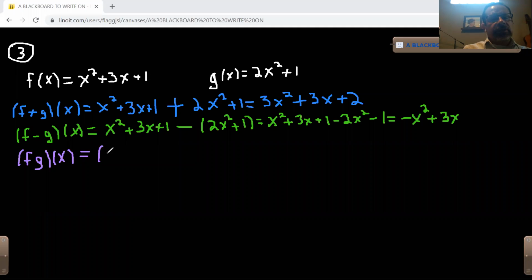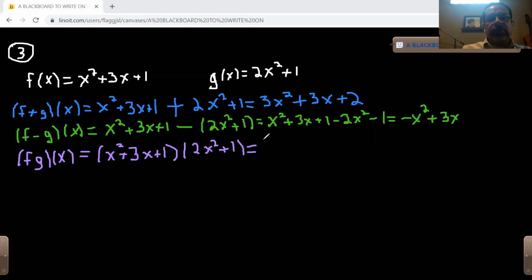So it's going to be x squared plus 3x plus 1 multiplied by 2x squared plus 1. And we can directly do the multiplications here.